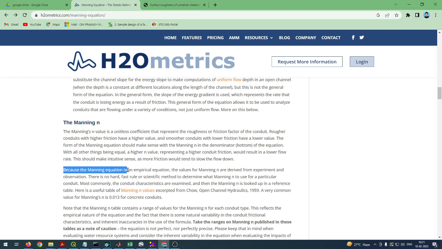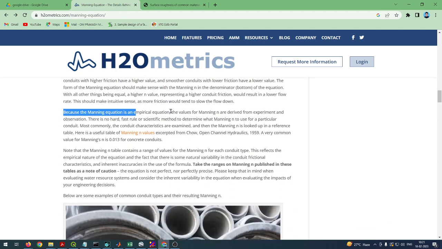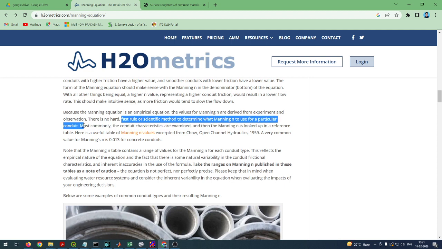Because the Manning equation is an empirical equation, the values for Manning n are derived from experiment and observation. There is no hard and fast rule or scientific method to determine what Manning n to be used for a particular conduit.